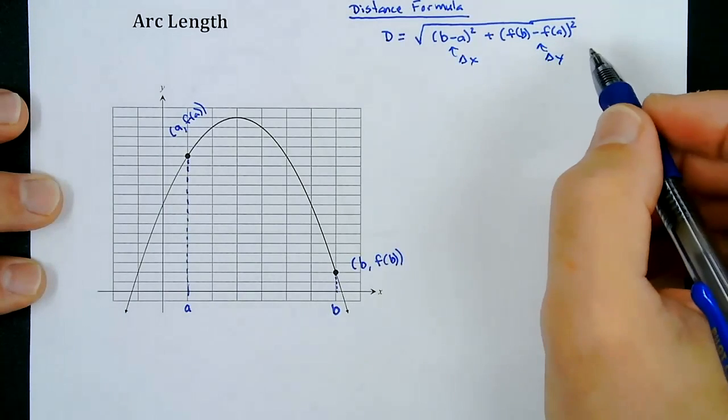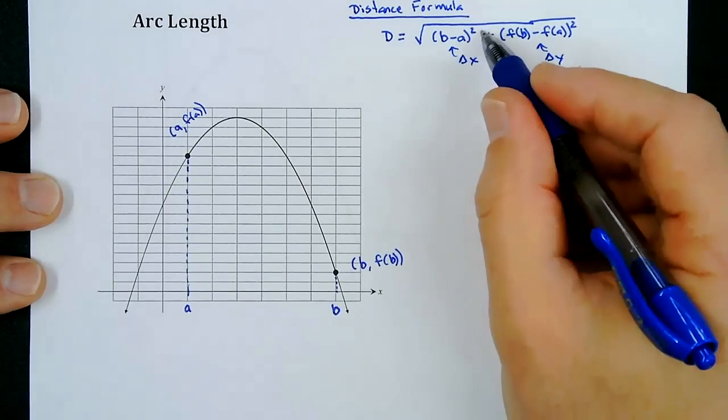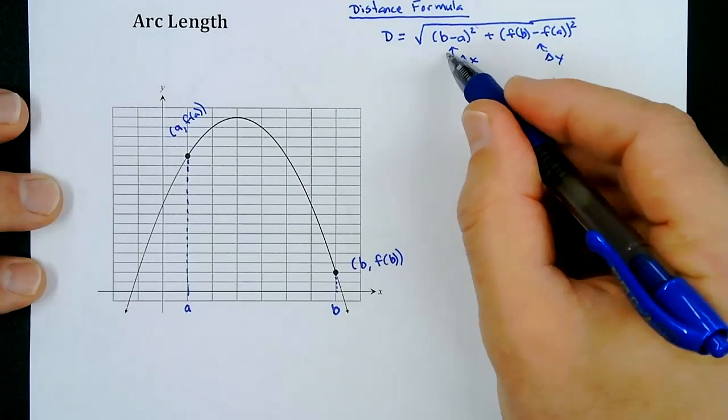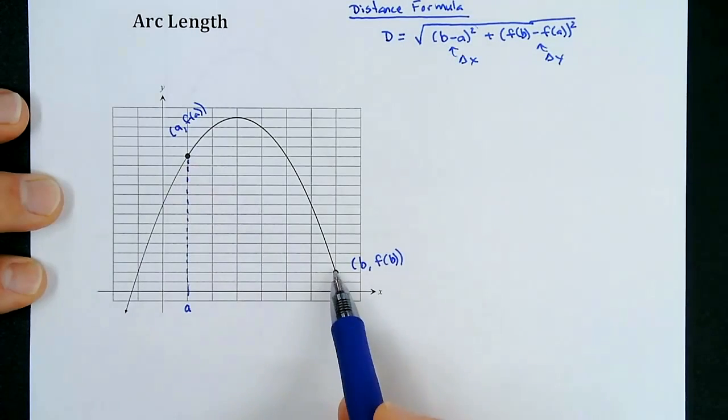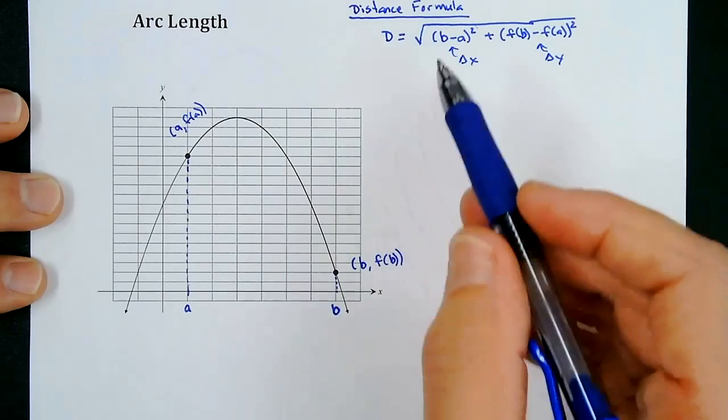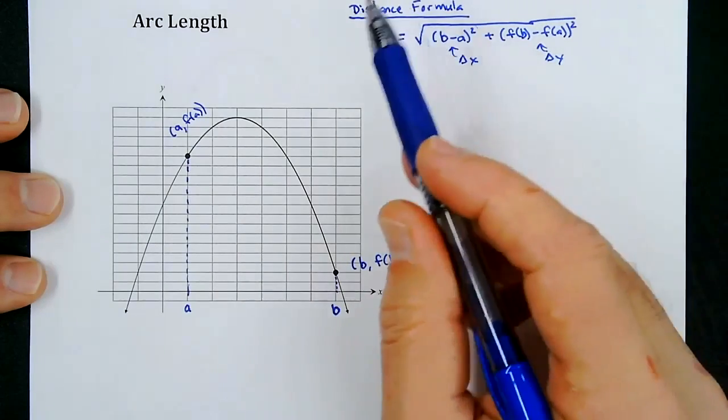So really, it's the Pythagorean theorem, because this is the horizontal leg of a right triangle, this is the vertical leg, and the distance between these 2 points is the hypotenuse. So that's where this comes from.